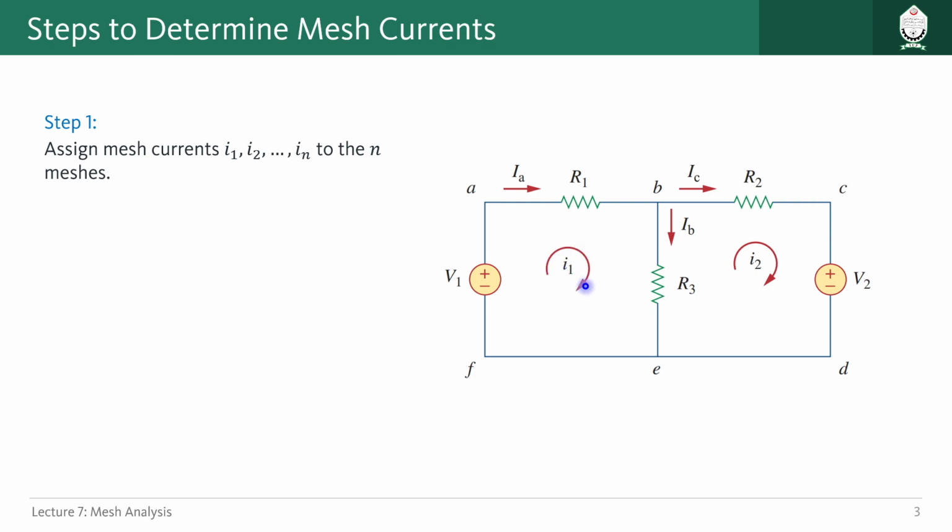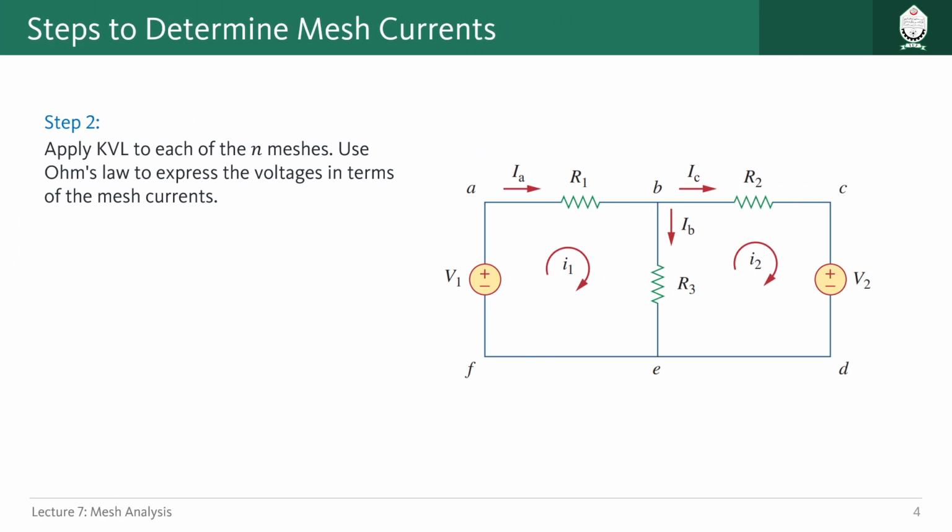I1 which is going in the clockwise direction, I2 which is going in the clockwise direction. We can also take anti-clockwise direction, something like this, for denoting the currents. That is also possible, but generally for convenience we just take clockwise direction for all the mesh currents. So in this way we have to first of all define all the mesh currents, and then also define the direction for each of them. That is step 1.